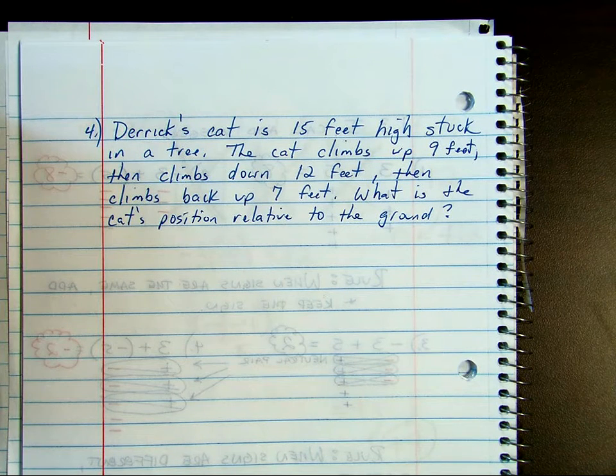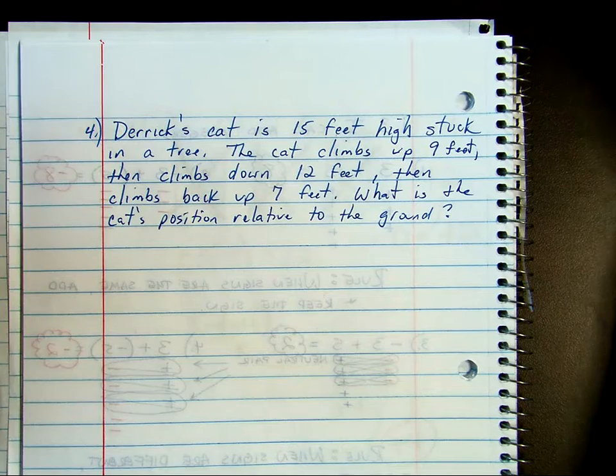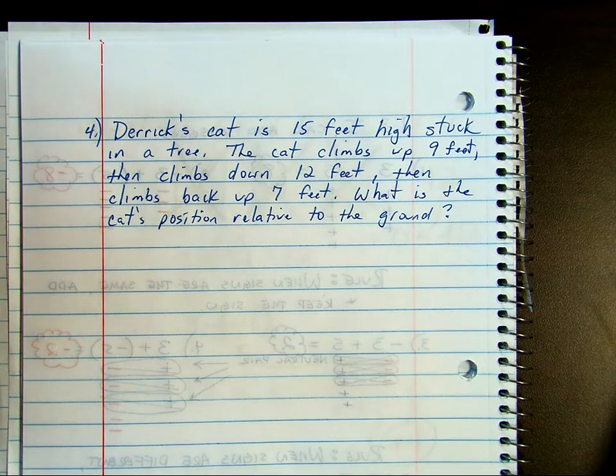What is the cat's position relative to the ground? And the ground is sea level. The ground is par. The ground is neutral. Dustin? The cat is 19 feet. 19 feet? You guys agree with that?